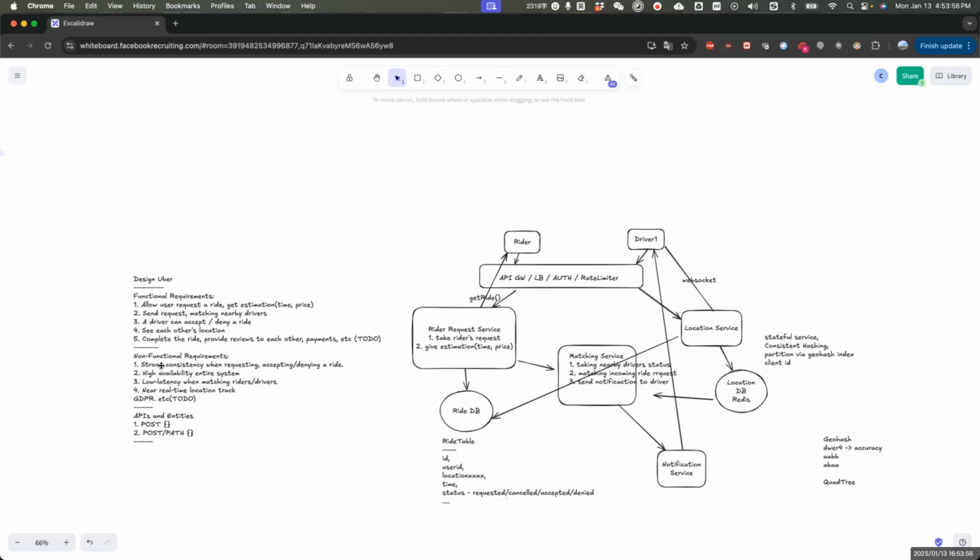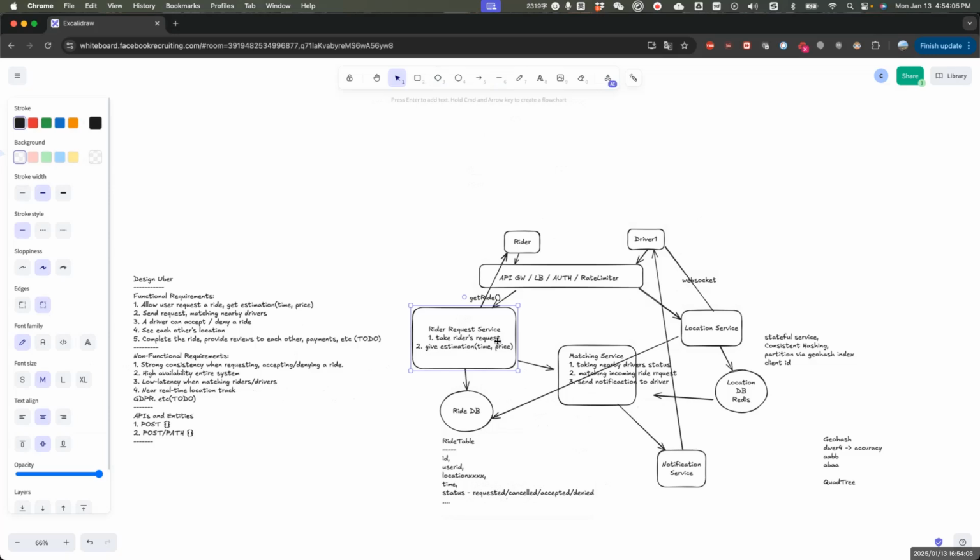Okay, so other things I would like to mention about the non-functional requirements. We could replicate each of our services and databases via geolocation.